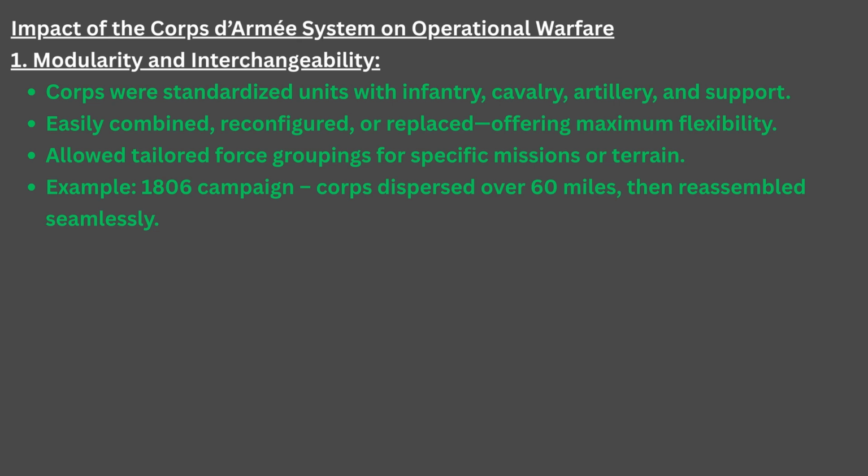That meant they could be combined, reconfigured, or swapped easily, tailored for specific missions or terrain types, shifted between frontline, reserve, or flank roles without wasting time. Example, in the 1806 campaign, corps were spread across 60 miles, yet reassembled seamlessly for battle. Lesson: this modularity gave Napoleon maximum flexibility in both planning and execution.